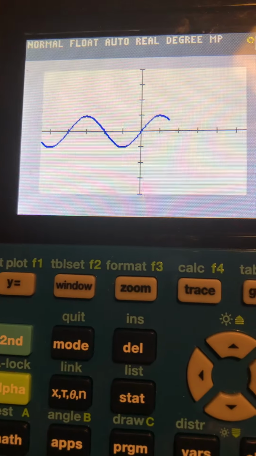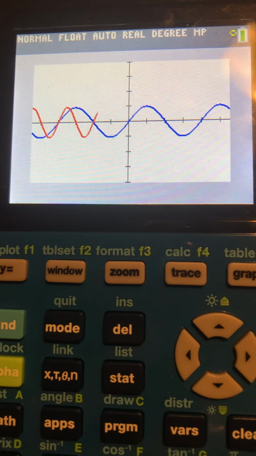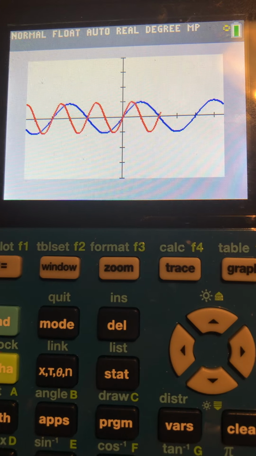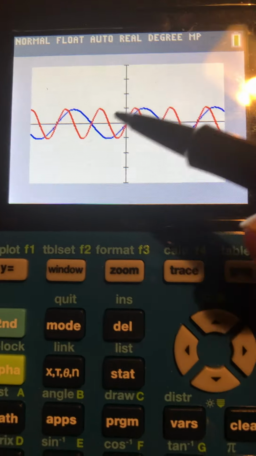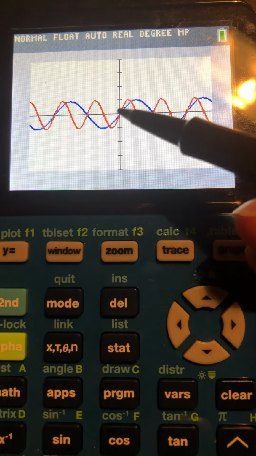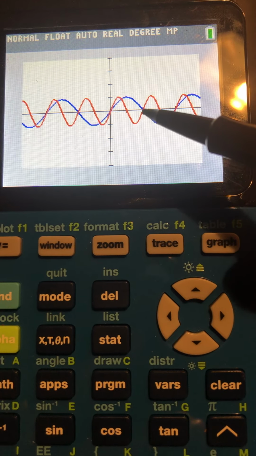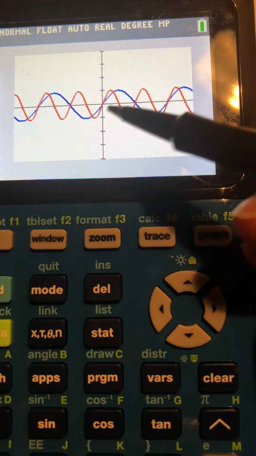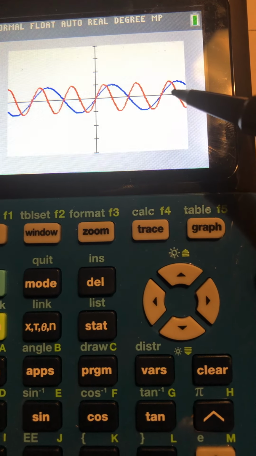So here's our sine wave, and then here's sine 2x. What you notice is we're getting 2 of the red waves, 1, 2, in the space of 1 blue wave. 2 red waves, which is y equals sine 2x, in the space of 1 y equals sine x.